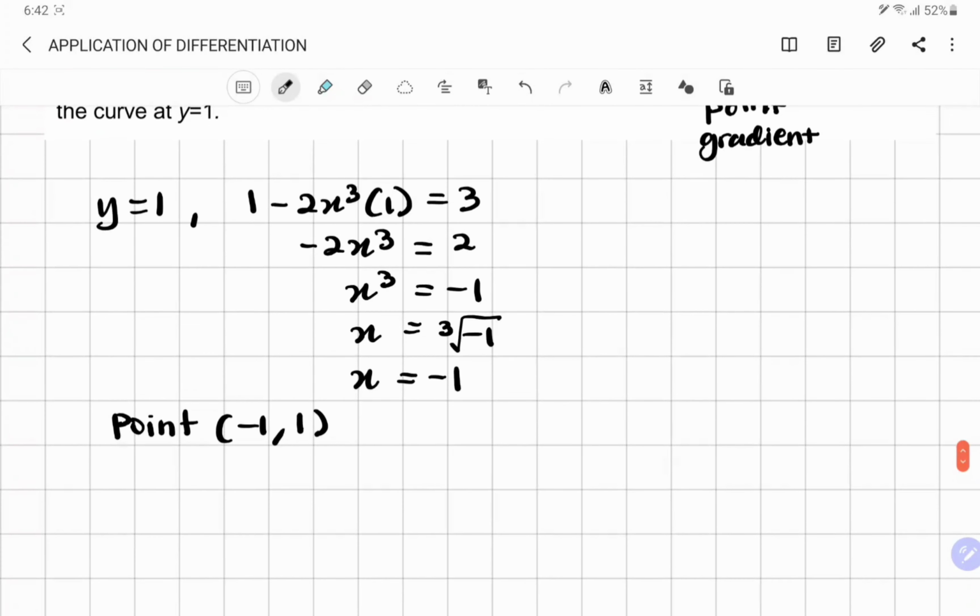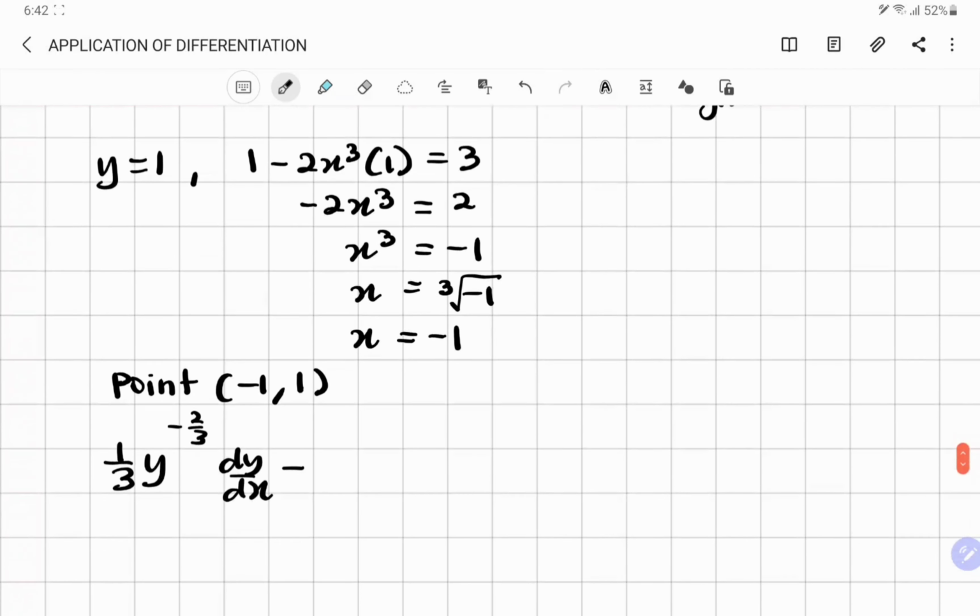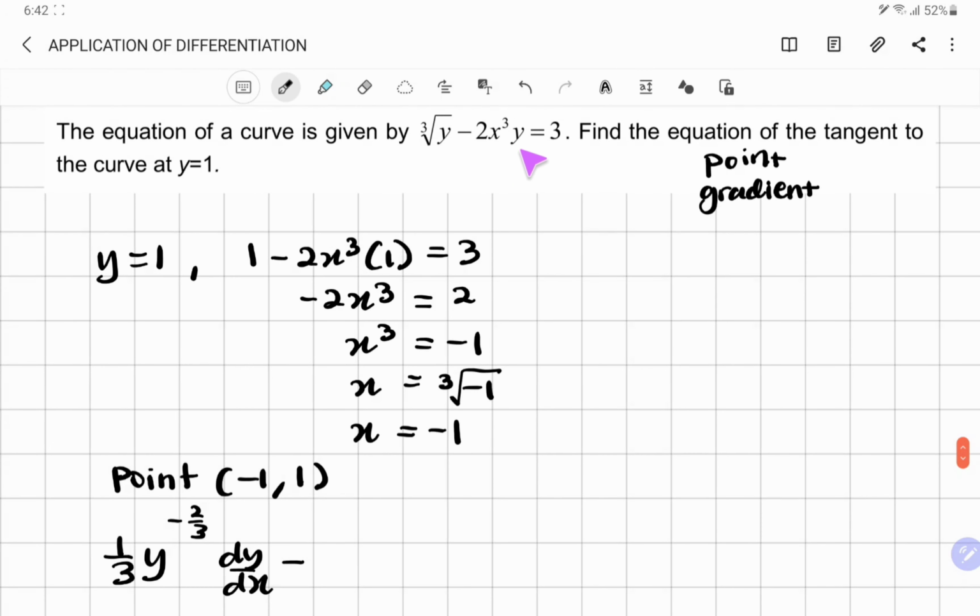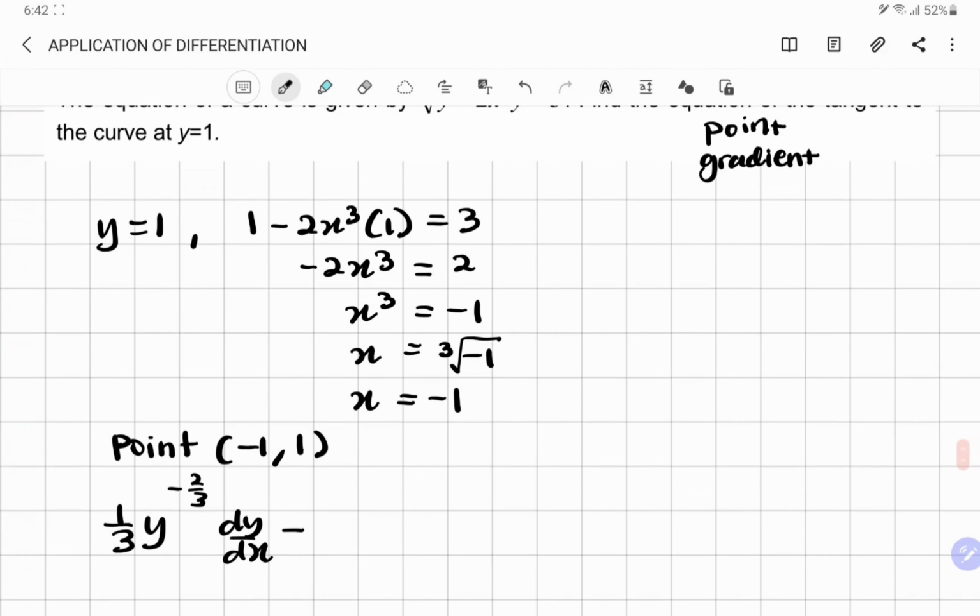So let us differentiate. We're going to get 1 over 3 y to the power of negative 2 over 3 times dy/dx, minus the derivative of 2x cubed y. We're going to use the product rule.